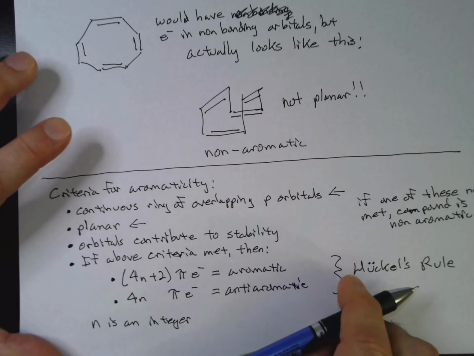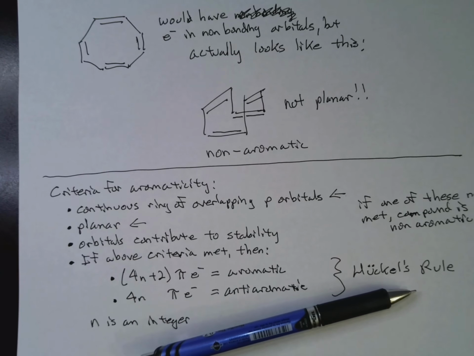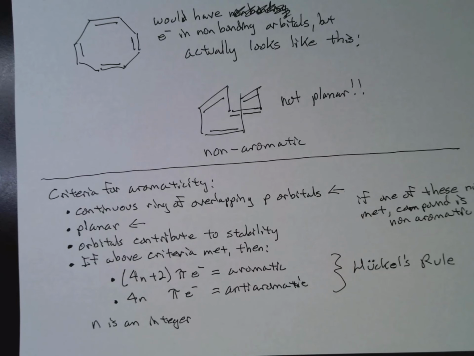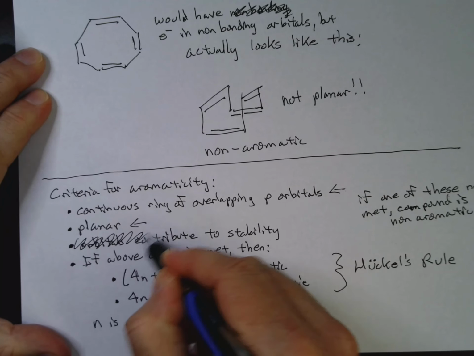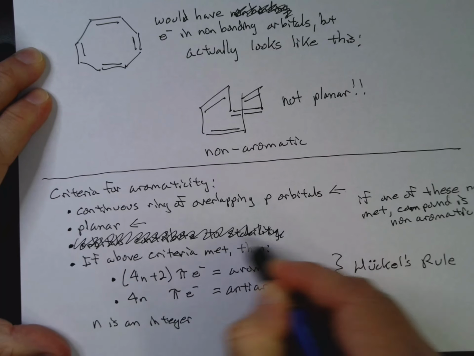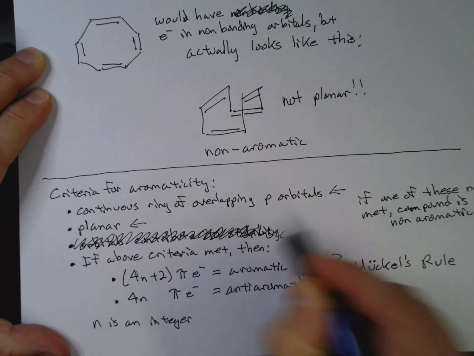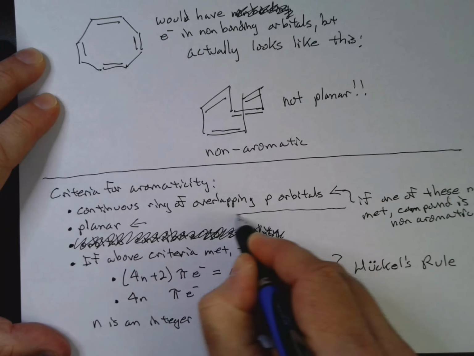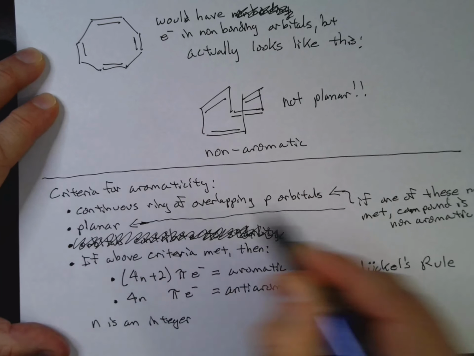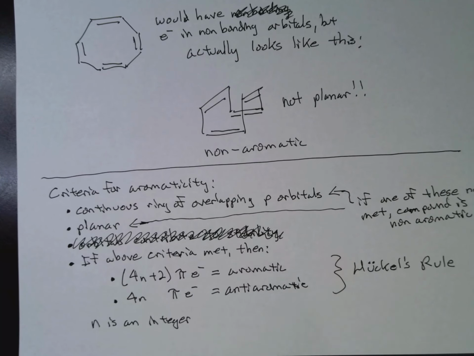All right, and let's see, I wanted to check just one more thing. You know what, I'm going to remove this criteria here, so I do apologize for that. So let me just draw some arrows there. There we go. Because we're not really actually contributing to the stability, or the overall energy, whether it's stable or unstable.